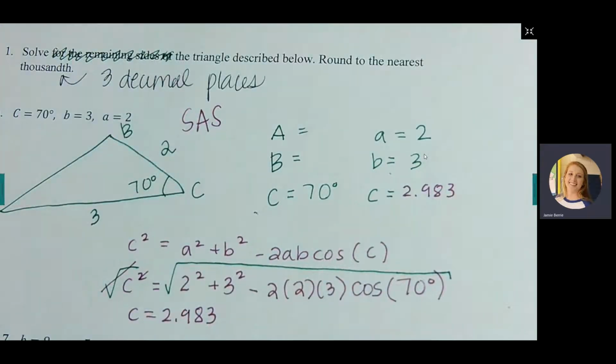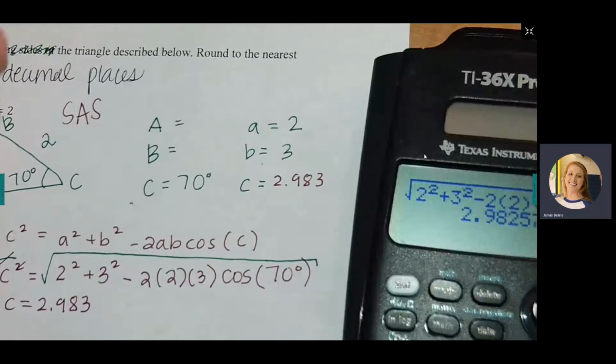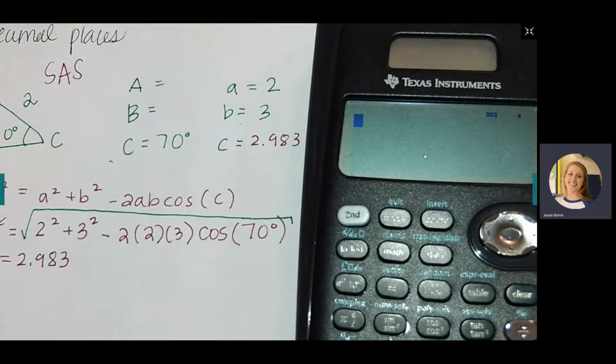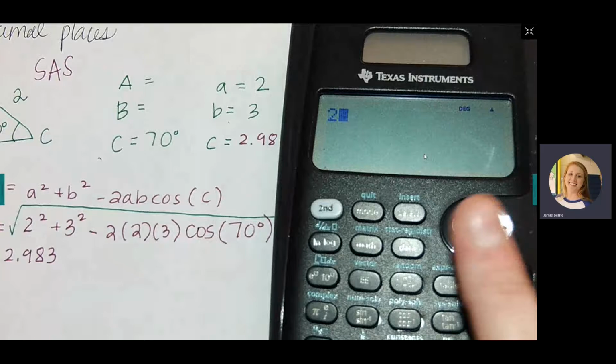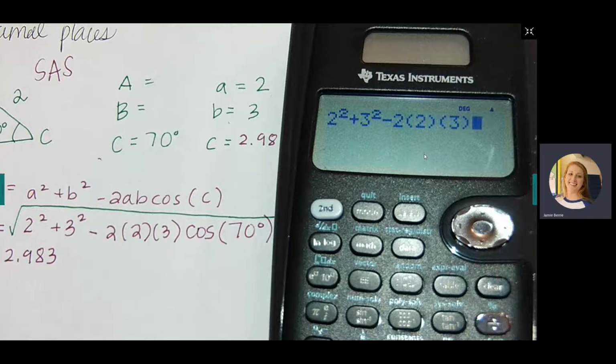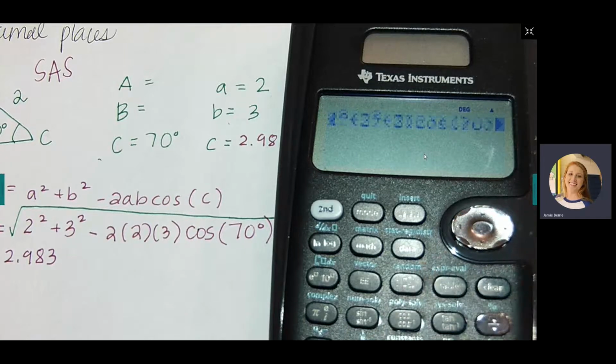Now let me show you what it would look like if you forgot to take the square root. It's not going to look like you did anything wrong. For example, say I just plugged it in as 2 squared plus 3 squared minus 2 times 3 times cosine of 70. That looks totally like a normal answer.